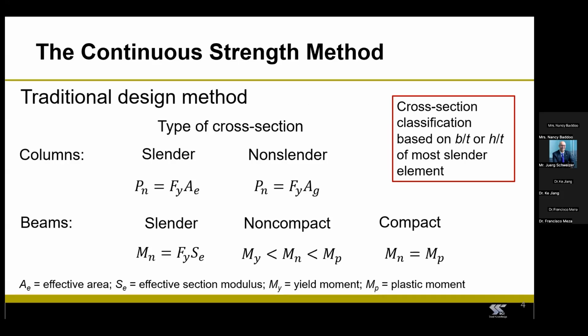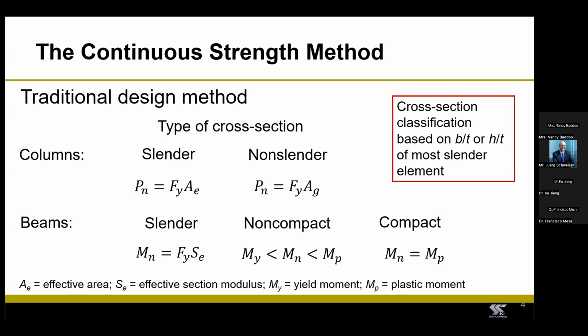Okay, so with the traditional design method, which was originally developed for carbon steel sections, if we want to calculate the resistance of a cross-section, we first have to check the susceptibility of the cross-section to local buckling. And we do this by looking at the width to thickness ratio of the most slender element of the cross-section.